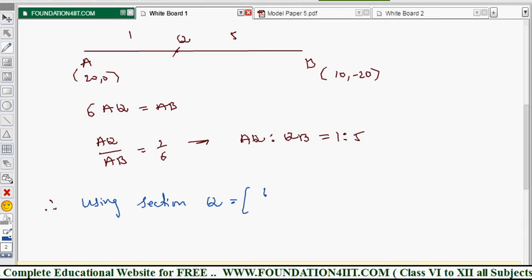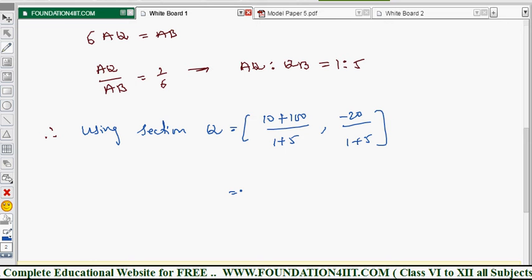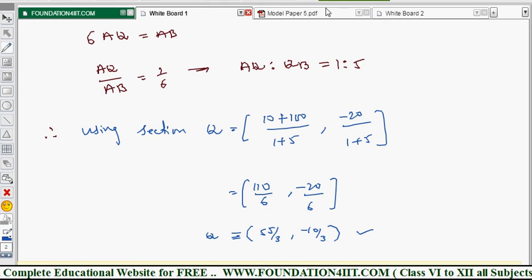If you apply, then 10 plus 100 is 110 by 1 plus 5, and the remaining is minus 20 by 1 plus 5. Simplified, 110 by 6 comma minus 20 by 6, which equals 55 by 3 comma minus 10 by 3. So these are the 2 points P and Q according to the given conditions.